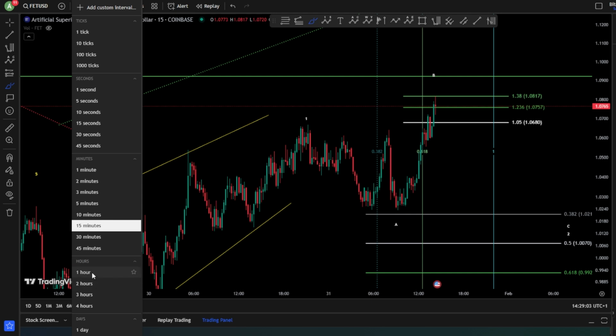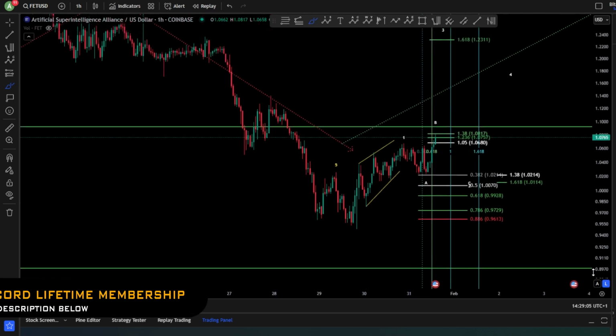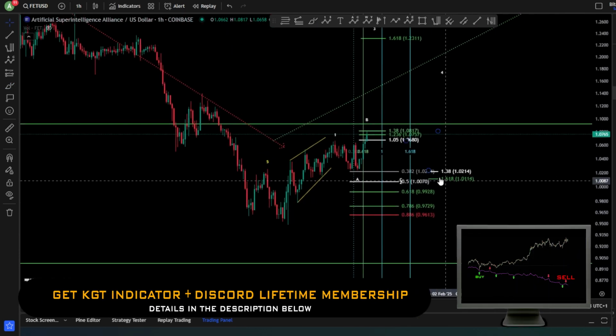So in both case scenarios, we are still bullish, with higher possibility for the bullish scenario.